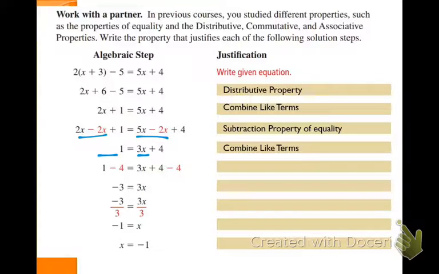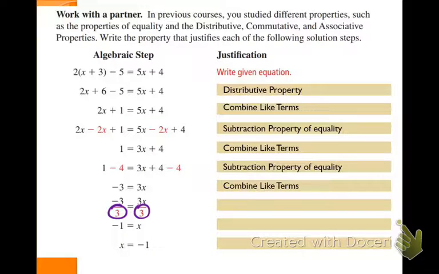All right, next step, what did we do to both sides? Subtracted 4, so that's the subtraction property of equality. All right, and then what changed between these two steps? They combined again, yeah. We're almost there.